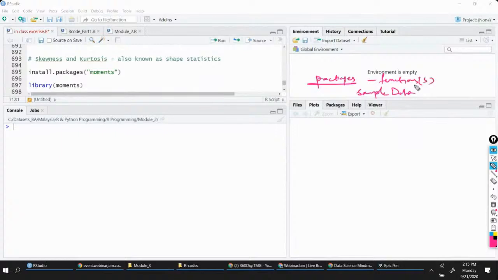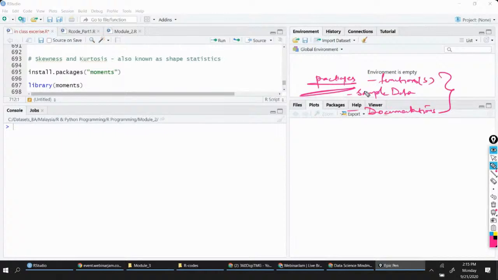We are saying functions, not one function, but multiple functions. Then sample data will also be there, and you'll also have documentation. The collection of all this is known as a package.